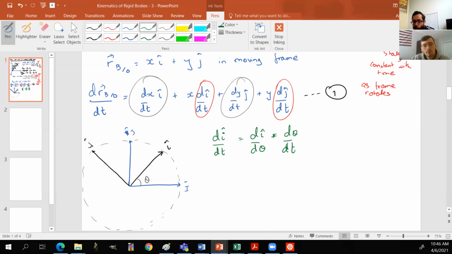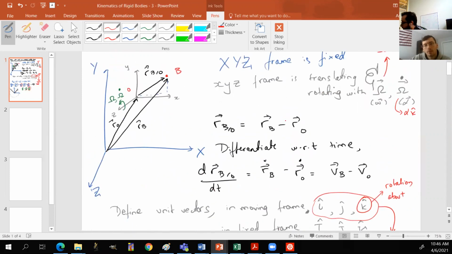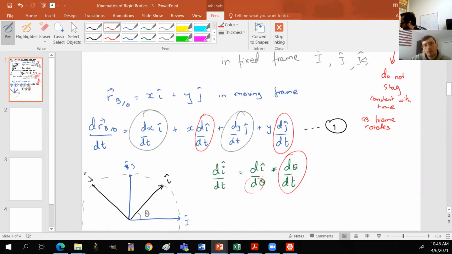This is just the chain rule, you just introduce the numerator and denominator there. What is this term, guys? Angular velocity, your angular velocity.